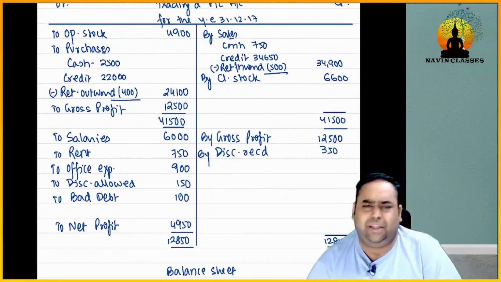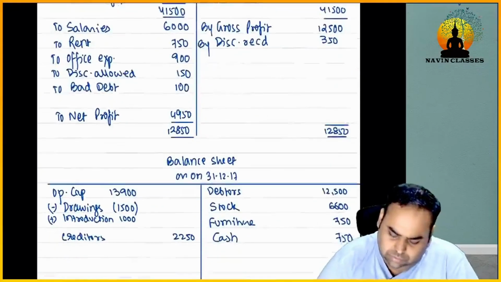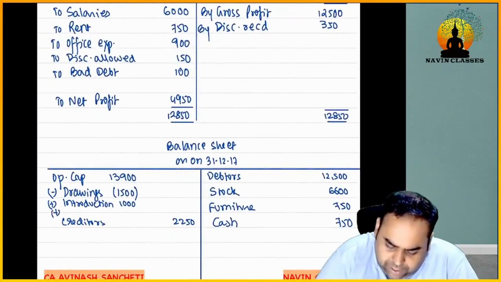Calculating gross and net profit is part of final accounts. It's not that hard. Add 4,950.